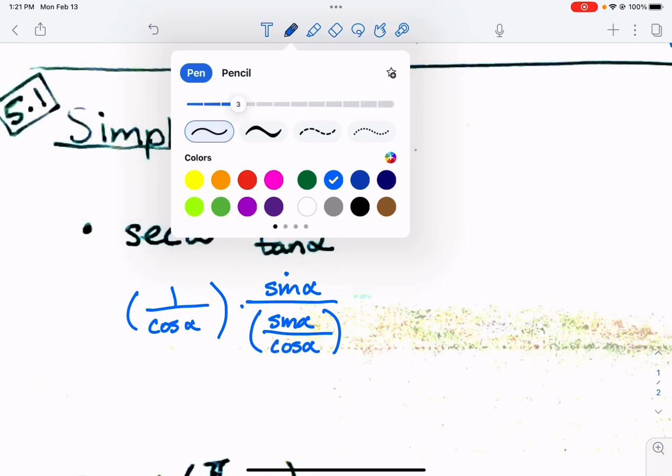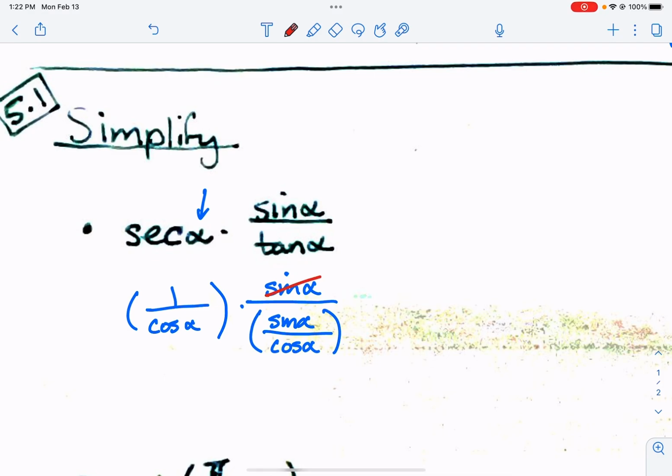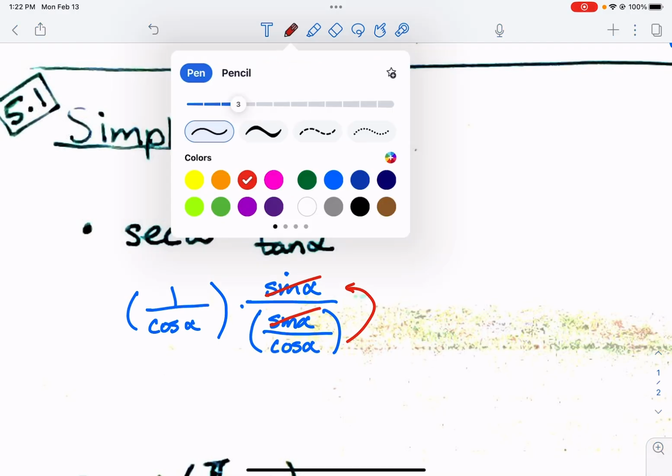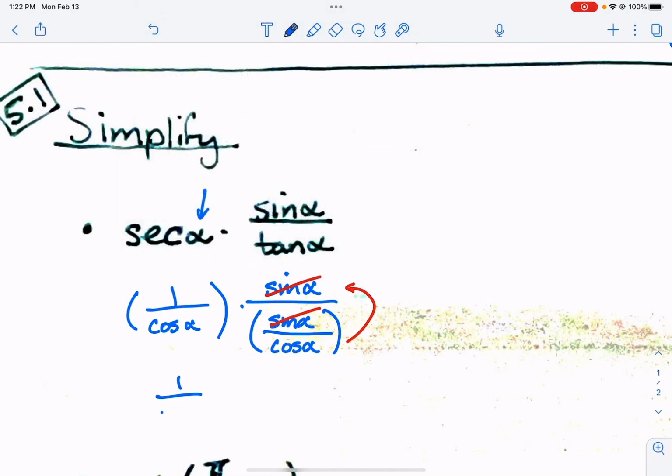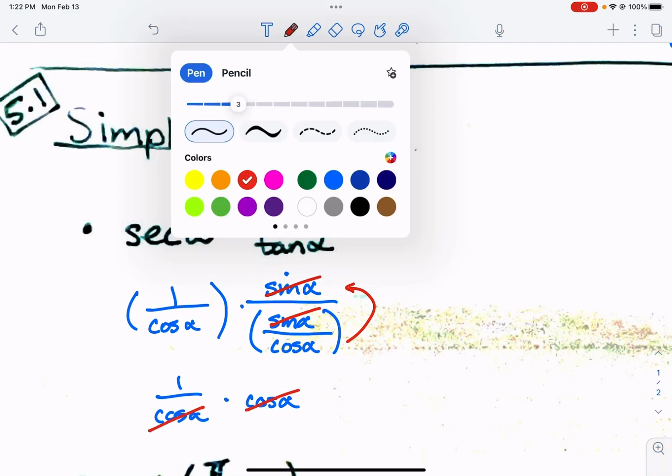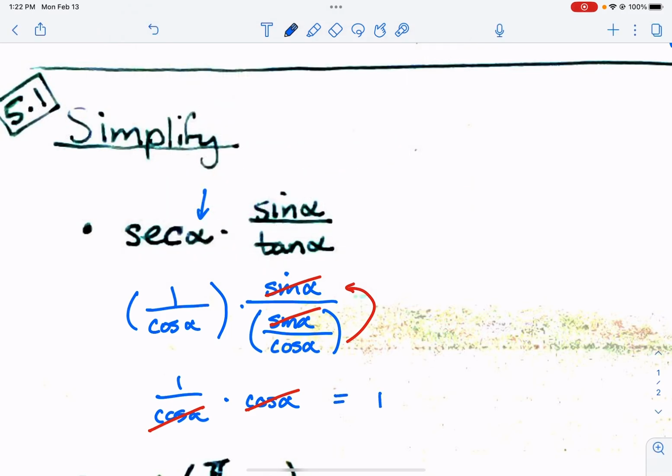You can probably tell these sines essentially cancel. This cosine is going to move up top, and what we'll have is 1 over cosine alpha times cosine alpha, and those two will cancel as well. So the point is this entire expression is equal to 1. The only thing left is that 1 in the numerator. So, interesting.